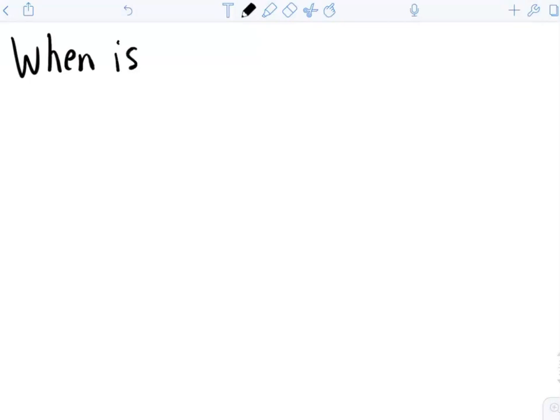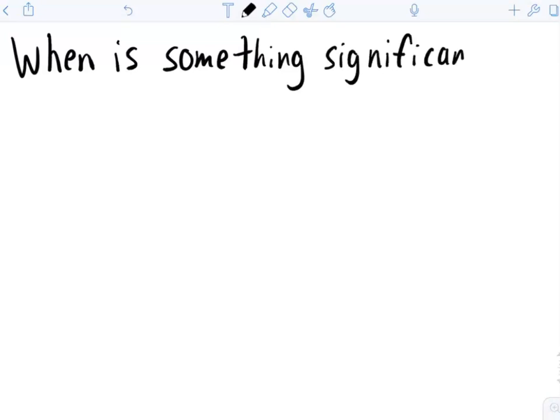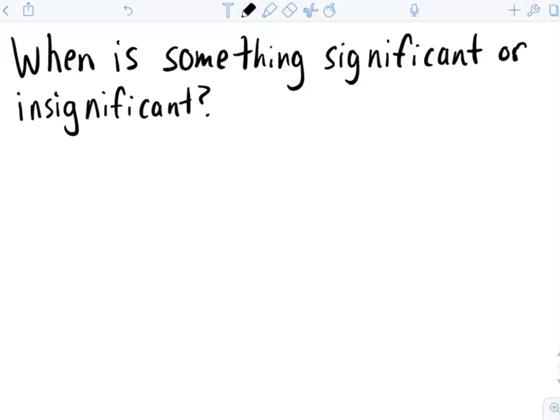So when is something significant or insignificant? So with that, each digit of our number.